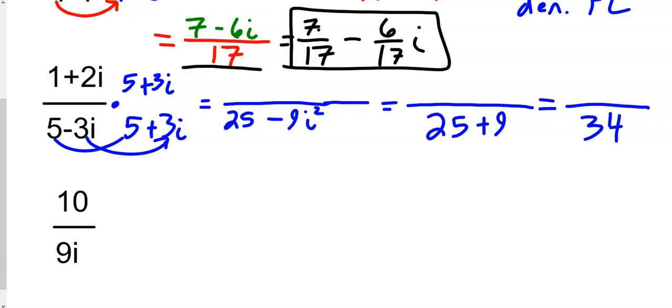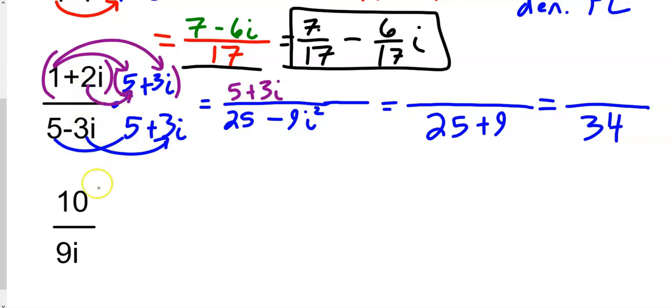Now to deal with the top. So again, all you're going to do on the top is distribute. So 1 times 5 is 5. 1 times 3i is a positive 3i. 2i times 5 is a positive 10i. And 2i times 3i is a positive 6i squared. But again, we know what i squared is. It's negative 1.